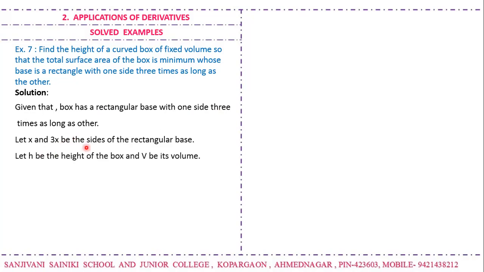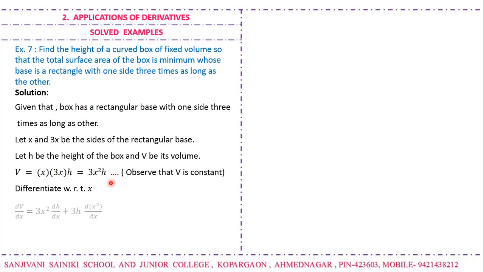If x and 3x are the sides of the rectangular base, and h be the height of the box, then what will be the volume? Volume V is equal to x into 3x into h, so 3x square h. Differentiate with respect to x, what you get? dV by dx is 3x square dh by dx plus 3h into d by dx of x square. We have to use the product rule.